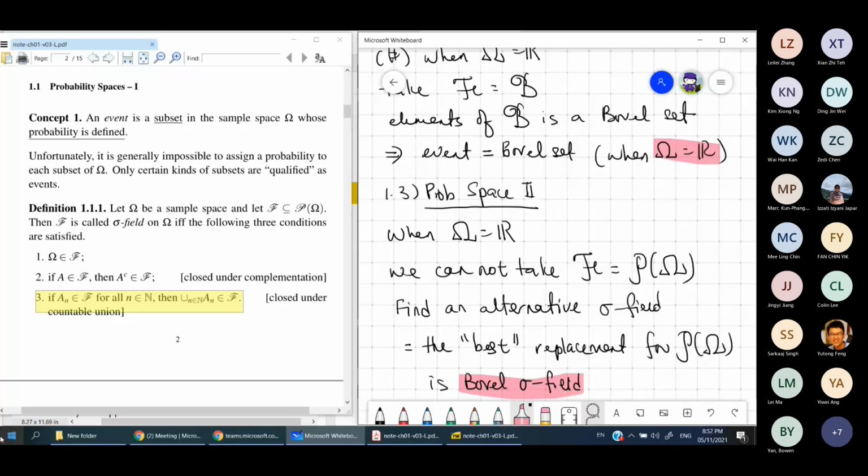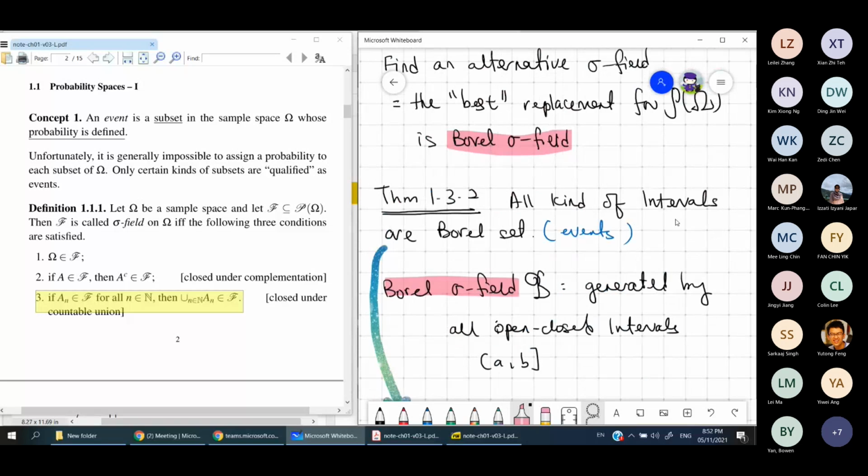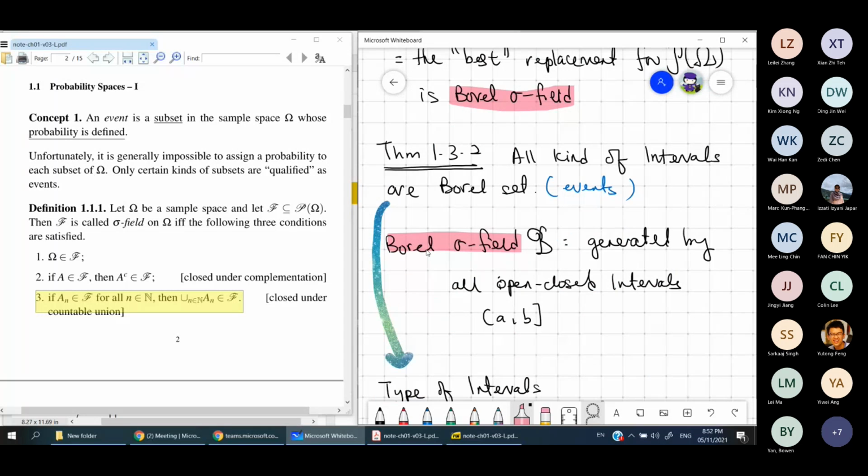Okay, so I think I have to do a correction on your statements. First of all, not interval, the Borel sigma field is generated by open close intervals. We just look at open close, not all the intervals. We first define this. So once we have this definition, I think maybe my sequence is wrong. This one should come after this.